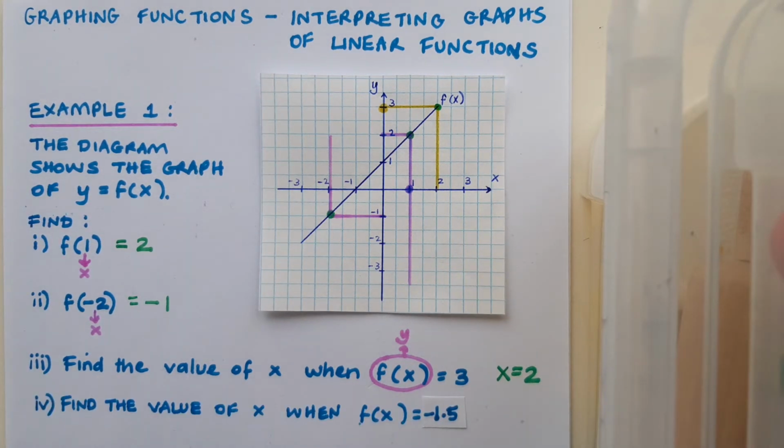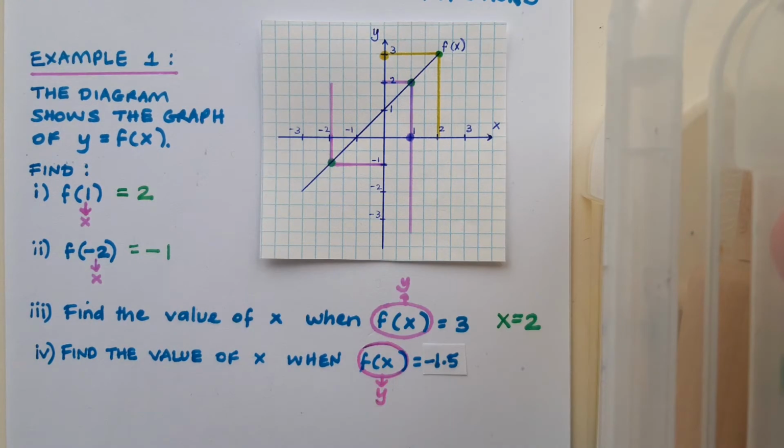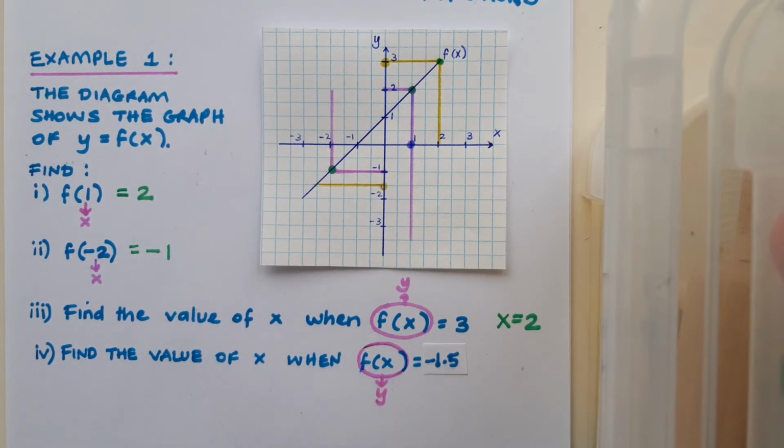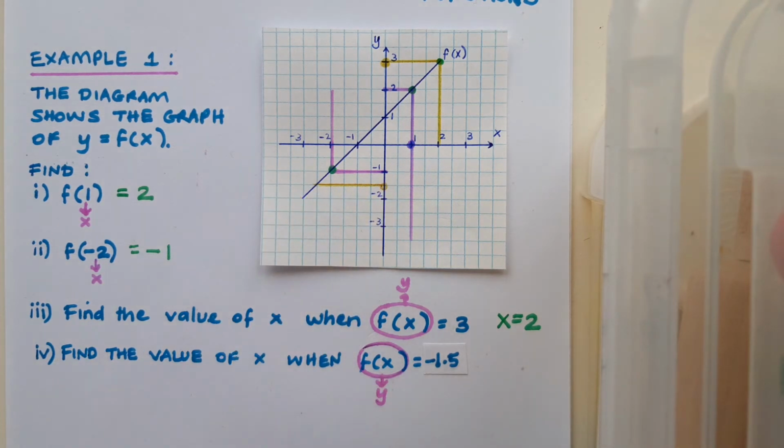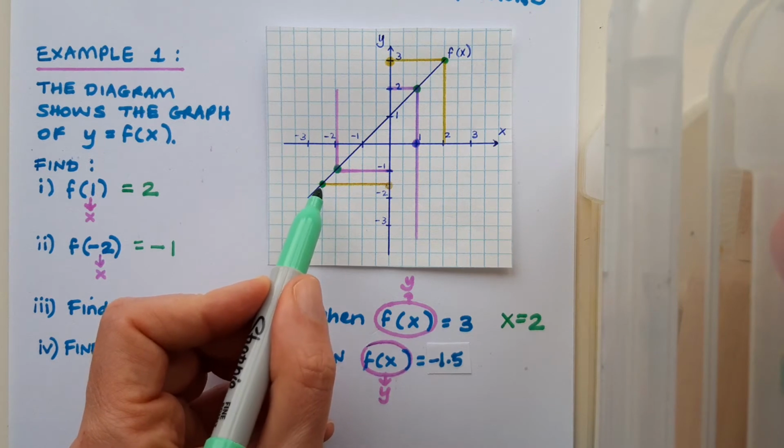Next, we want to find the value of x when f of x equals minus 1.5. Again, we know that f of x represents y, so we go to this value on the y-axis. So I go to minus 1.5 on the y-axis, and I draw a line horizontally through it until I meet f of x, which occurs at this point here.